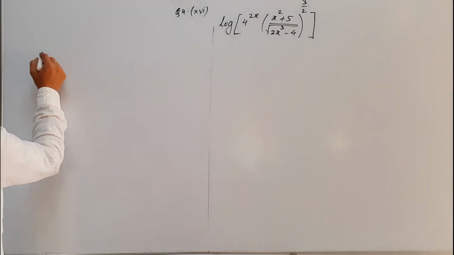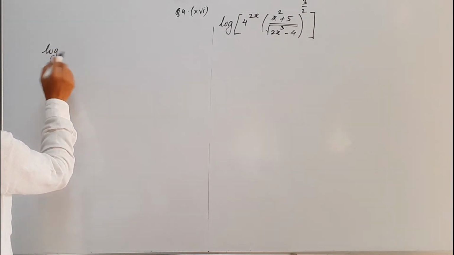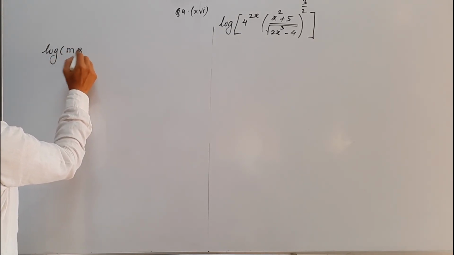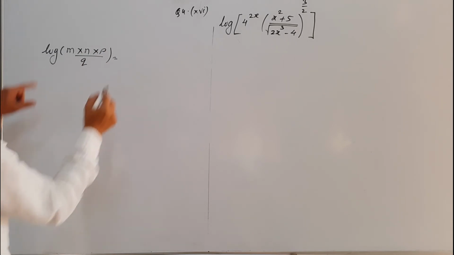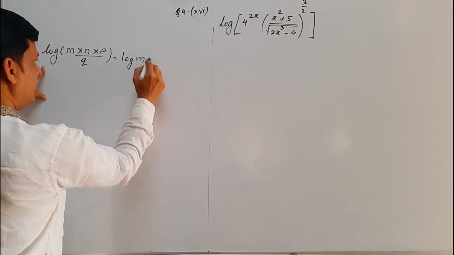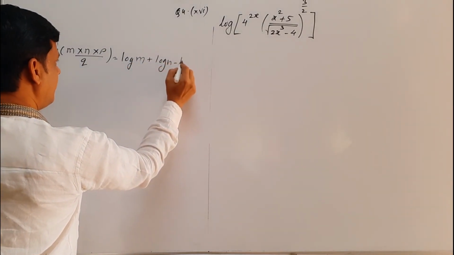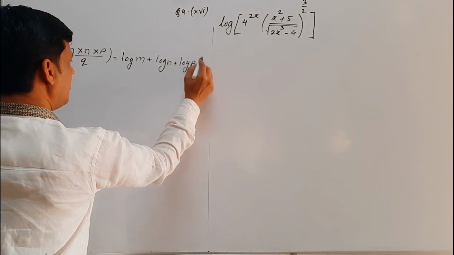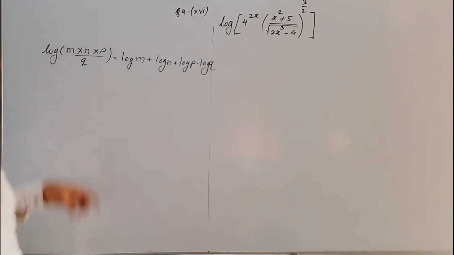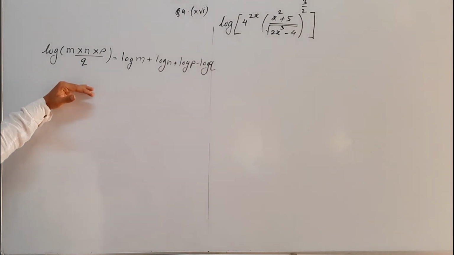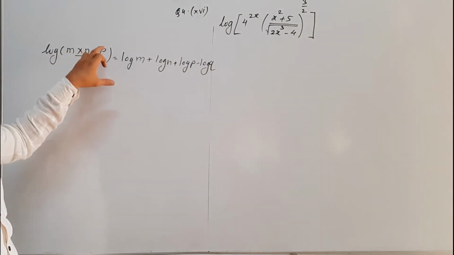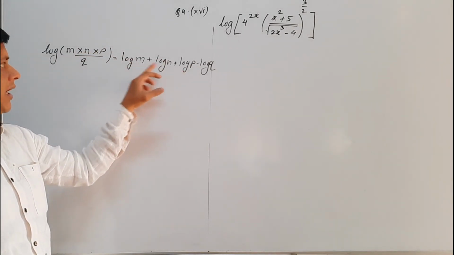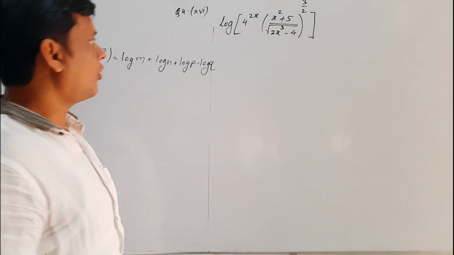So we first discuss the property: log of m into n into p upon q can be written as log m plus log n plus log p minus log q. That means q is in the denominator, so we write a minus sign for it, and m, n, p are in the numerator, so we write a plus sign for those log quantities.